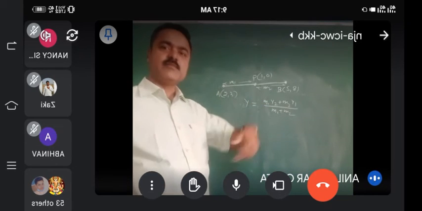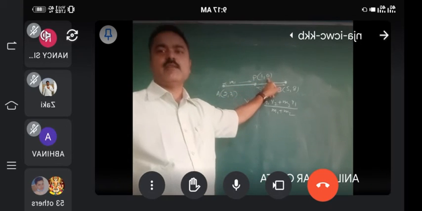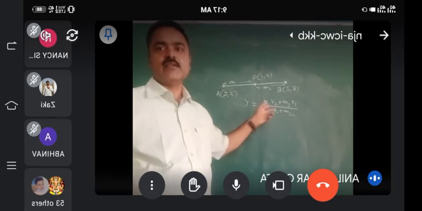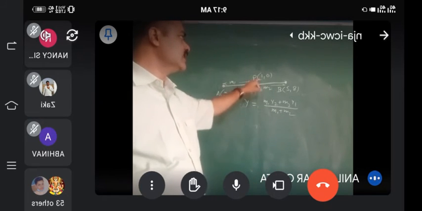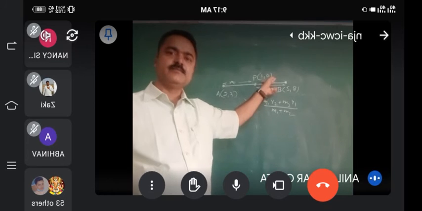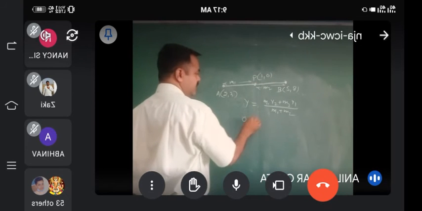Because it will be easy for calculation, as Y is already given as 0. The ratio M1 upon M2 can also be determined by taking the X coordinate, where X is given as 1. So just put the value Y equals 0 here.